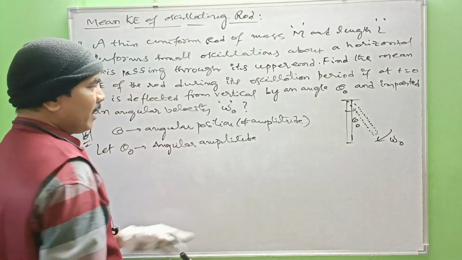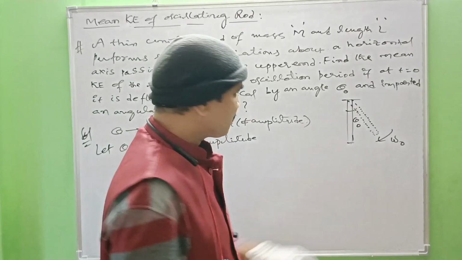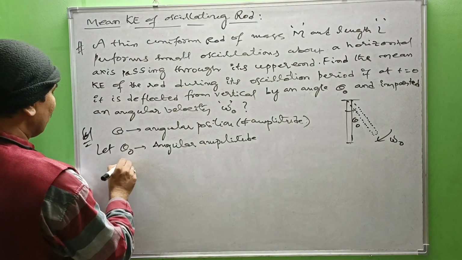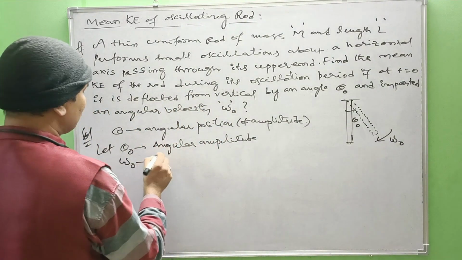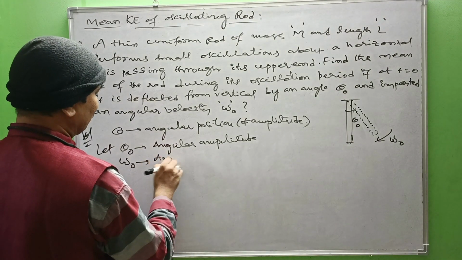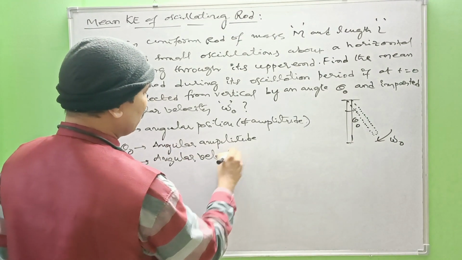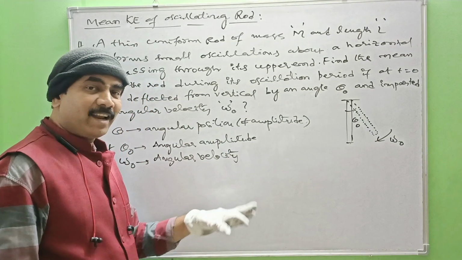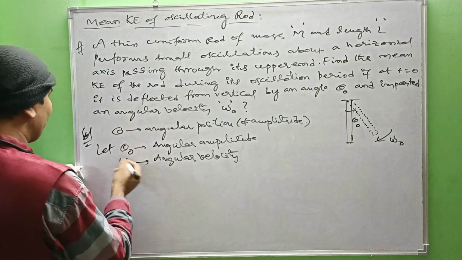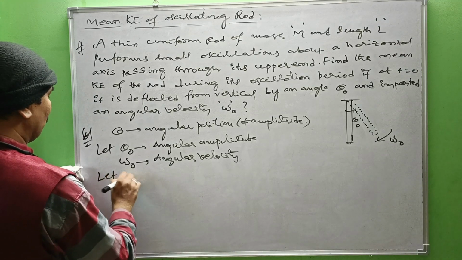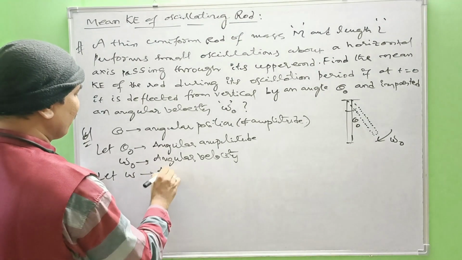Next, what is omega naught? Omega naught is the given angular velocity. Now what about angular frequency? Let omega be the angular frequency.